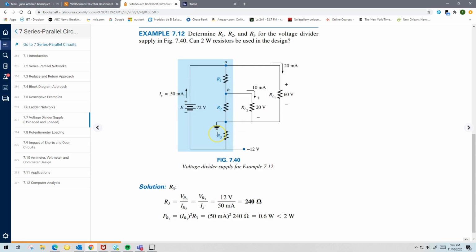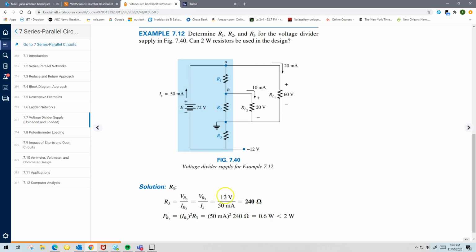So R3 by Ohm's law is going to be equal to the voltage across this resistance, right? The voltage across this resistance is 12 volts, right? If you put a meter from this node to this node, in other words, from this node to ground, with my positive here and my negative at ground, I'm going to measure 12 volts, okay?